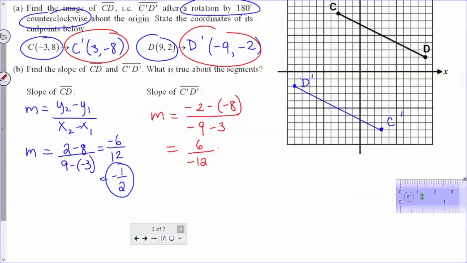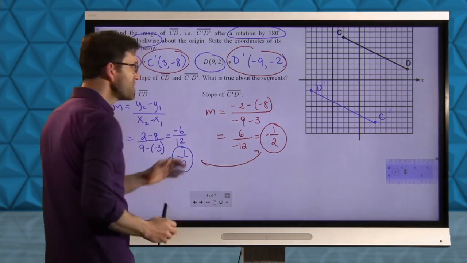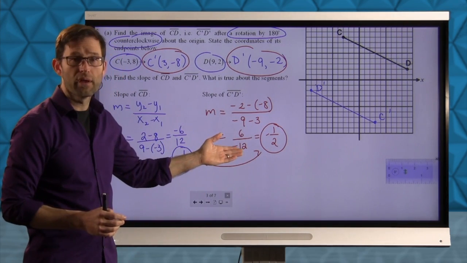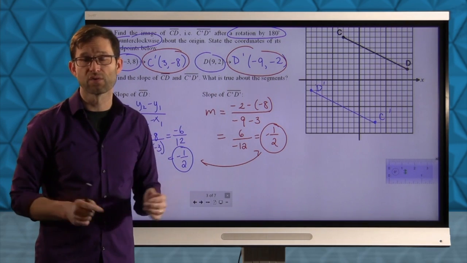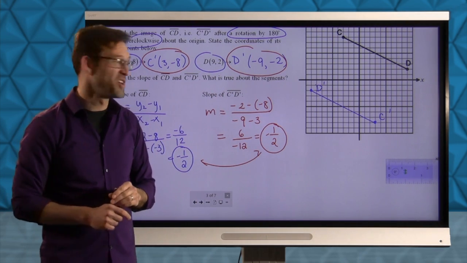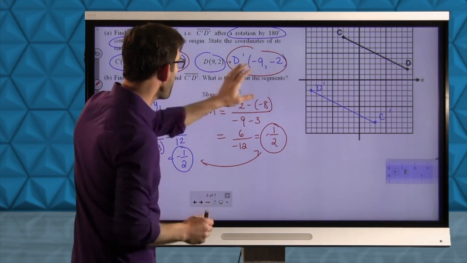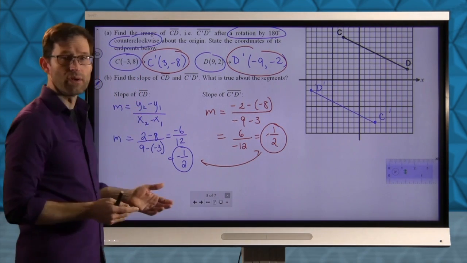Likewise, this is also negative 1/2. And it's extremely important that you recognize that these two slopes are the same. The fact that the negative showed up in the denominator here was just a product of which one we called x1, y1 and which one we called x2, y2. Sorry about that. Now, what must be true about these two segments based on that calculation?